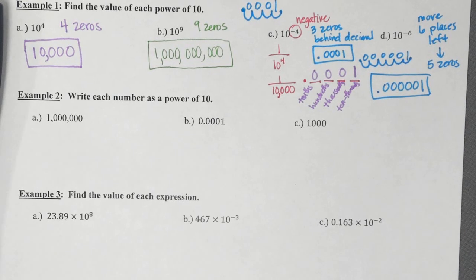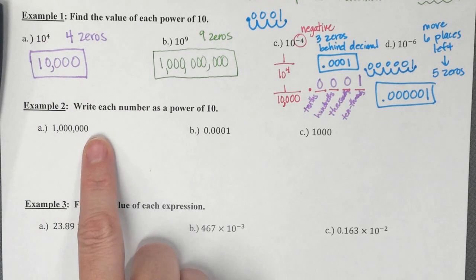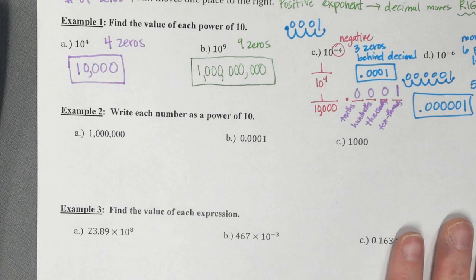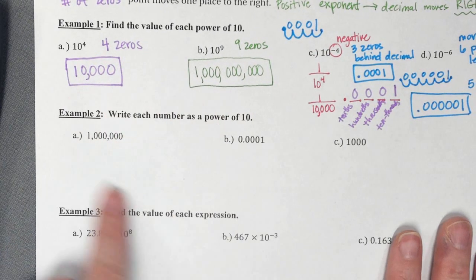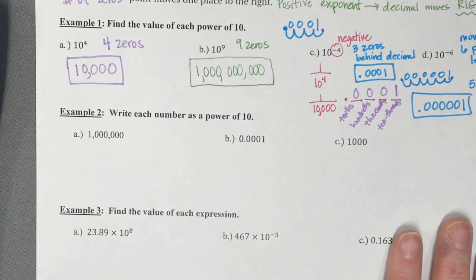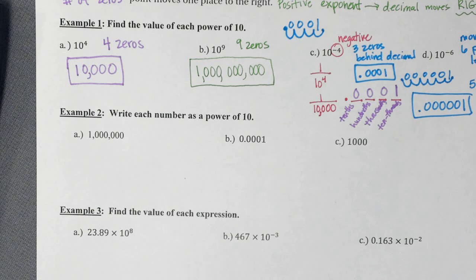All right, the next thing we're going to do is the reverse of what we did here. We're going to write each number as a power of 10. Just like we did before where we counted the zeros, let's count how many zeros we have here. Keith, will you help me with A?